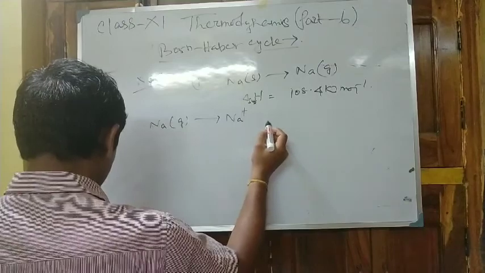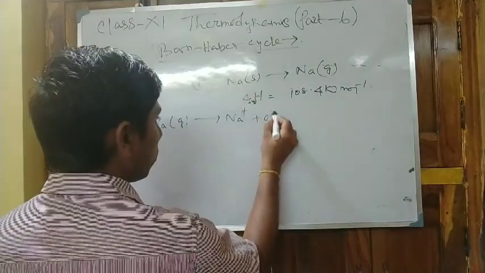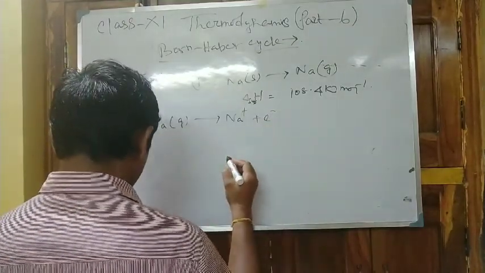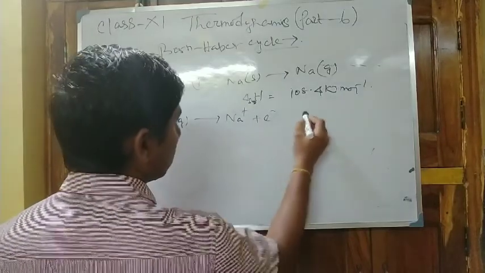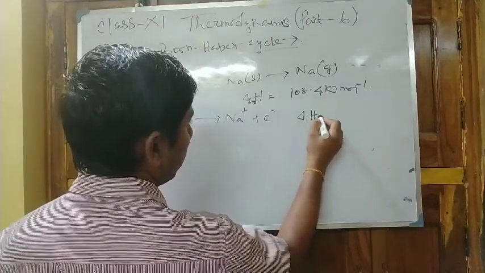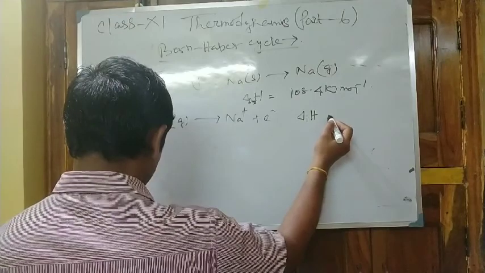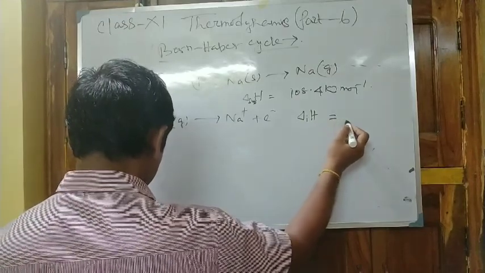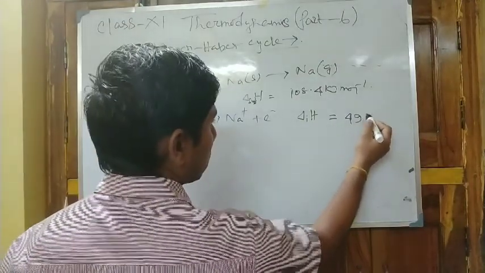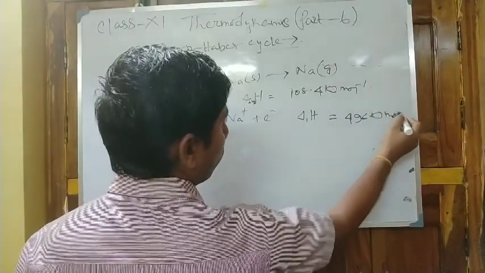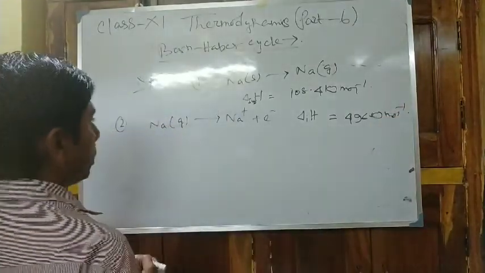Here also energy is required, equal to the ionization enthalpy, delta I H, which is equal to 496 kilojoule mole inverse.